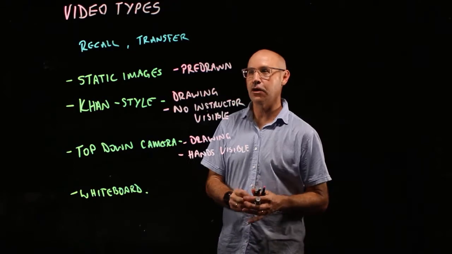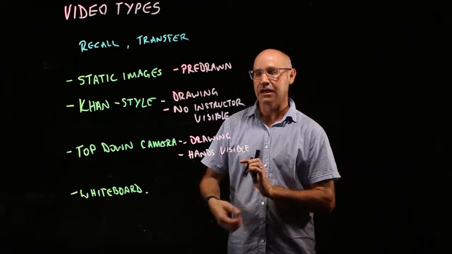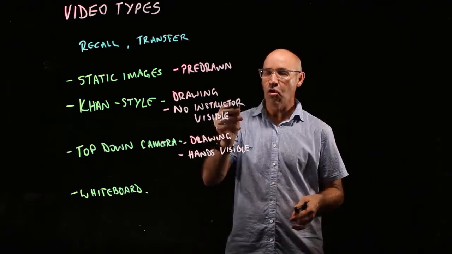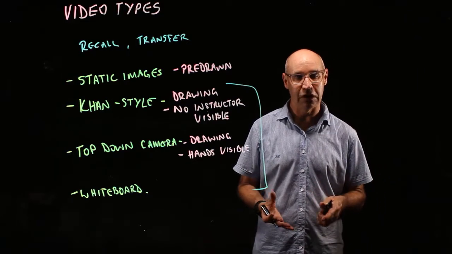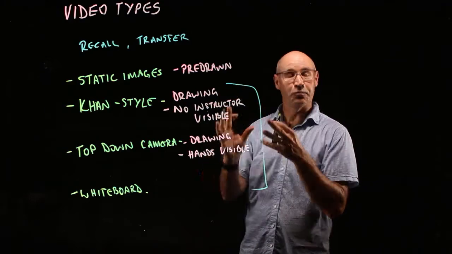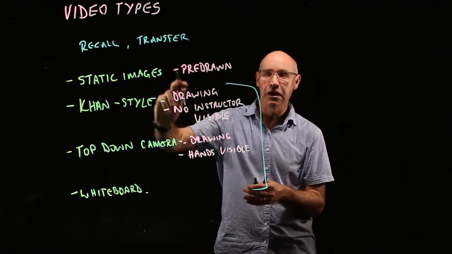Okay, so what did they find in terms of transfer? They found that the static images were the least effective. In other words, in all 3 of these where the instructor is writing or drawing in real time, the learning or understanding was better than when the images were pre-drawn. Why is that?